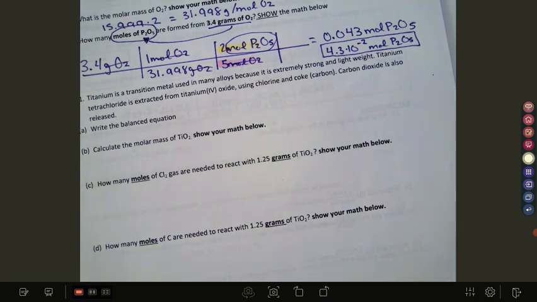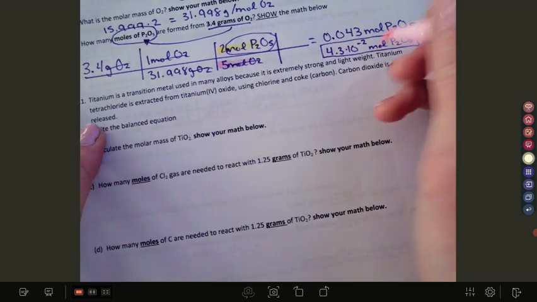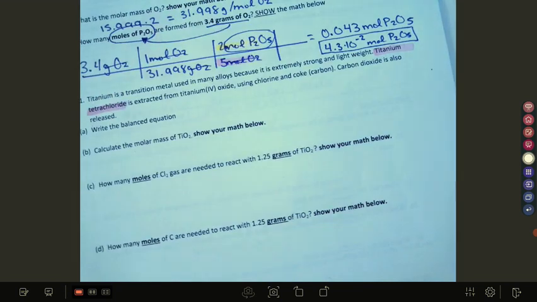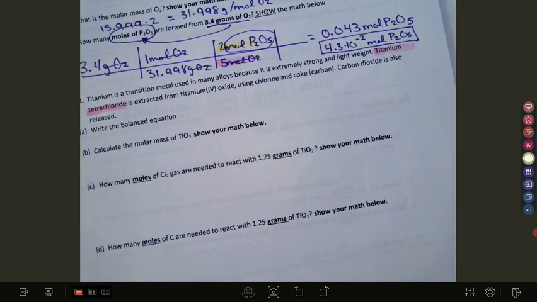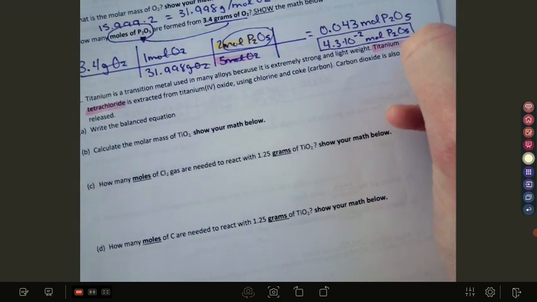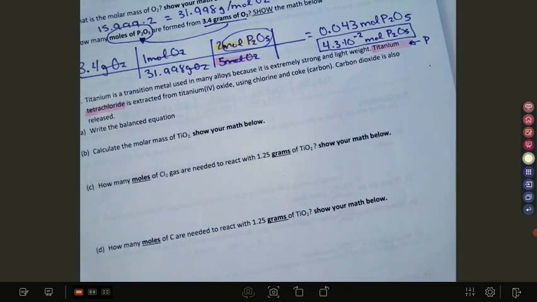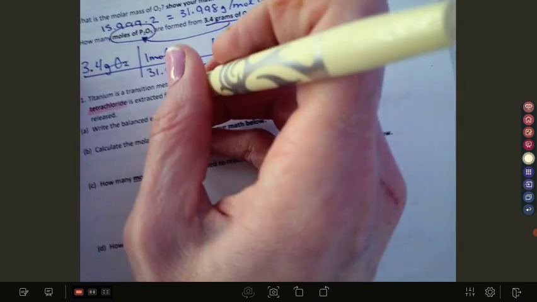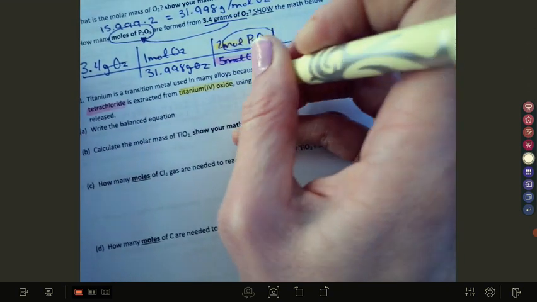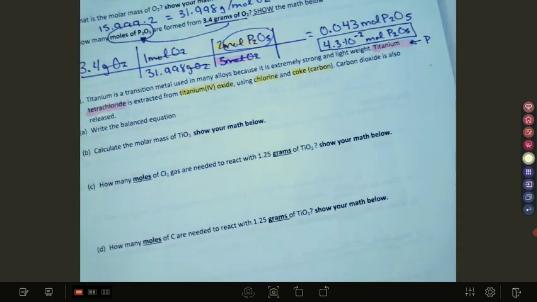Alright, so it says titanium is the transition metal used in many alloys because it's extremely strong and lightweight. Titanium tetrachloride is extracted from. So it's made from, making that a product. Okay, so it is being produced from titanium 4 oxide using chlorine and coke, which is carbon.